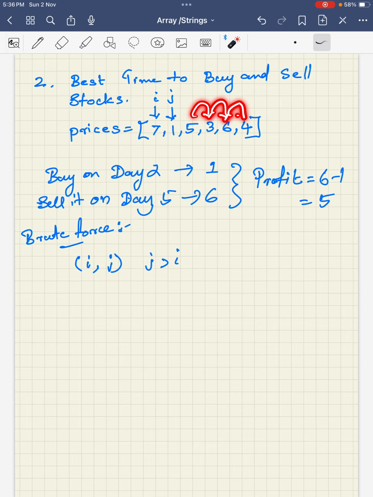Like that we calculate the profit for all the possible pairings, and out of all the possible pairings we return the maximum profit. So let's code that.